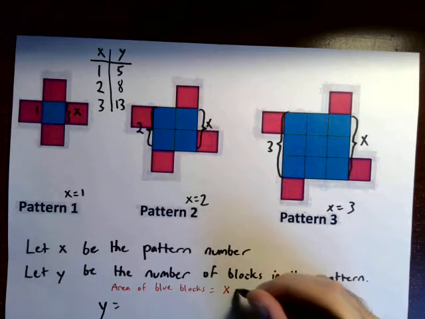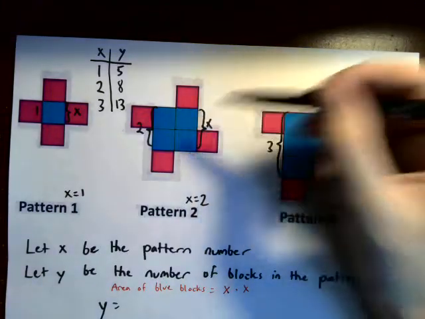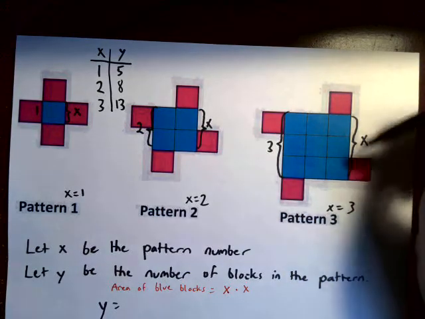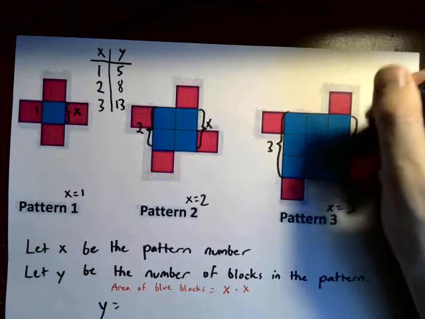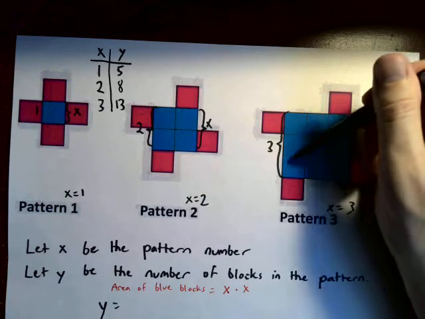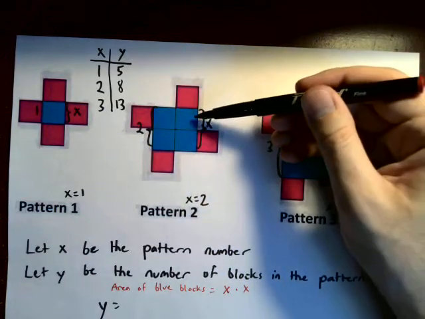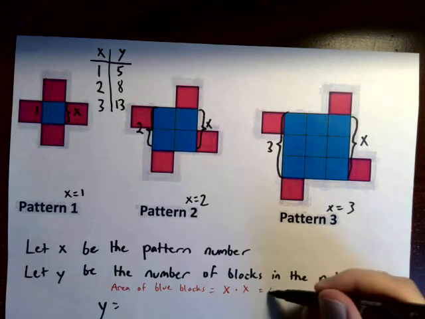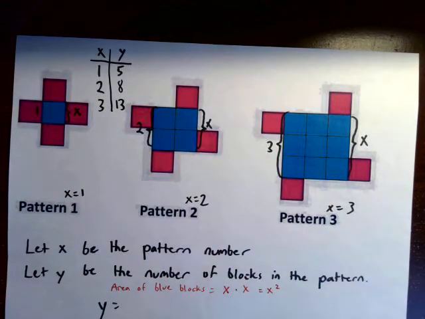that's just going to be x times x, because it's a square, which means all the side lengths are the same, and they're equal to x. So if x was 3, that means the length of one side of the square was 3. When x was 2, the length of one side of the square was 2. So that means we're going to get x squared for part of our equation.